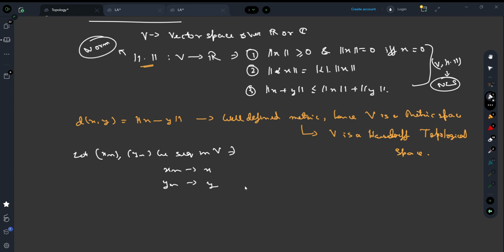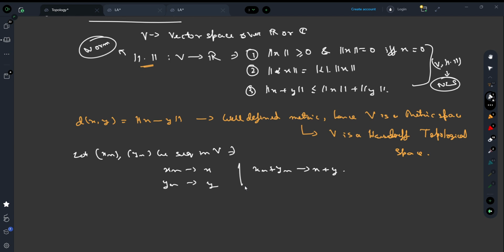Since we are concerned about sequential criteria, we are concerned about showing that xn plus yn converges to x plus y. Okay, clear? And if this convergence happens under this given norm, then we can say that the mapping which takes xy to x plus y is a continuous mapping. Right?